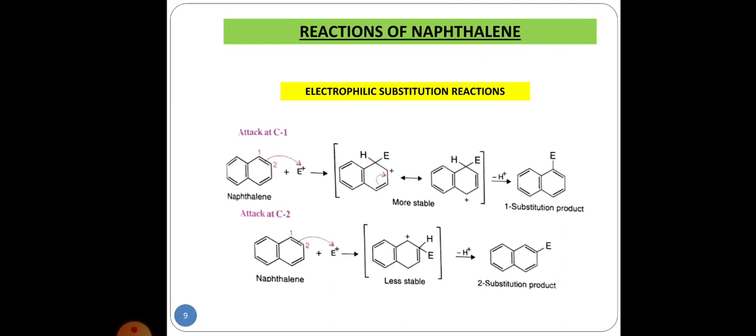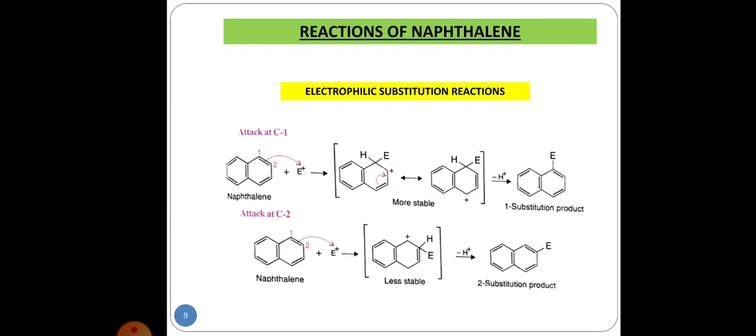Here we are showing in the reaction what happens when the electrophile attacks carbon number 1 and what happens if the electrophilic substitution occurs at carbon number 2. So naphthalene, like benzene, undergoes electrophilic substitution reactions. Substitution occurs primarily at C1, that is the alpha position.